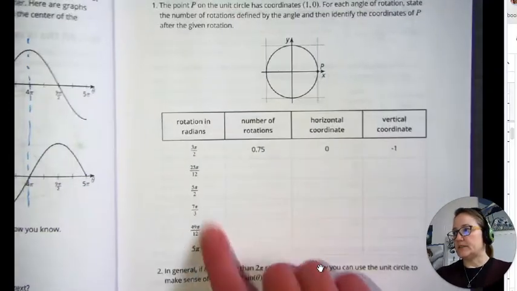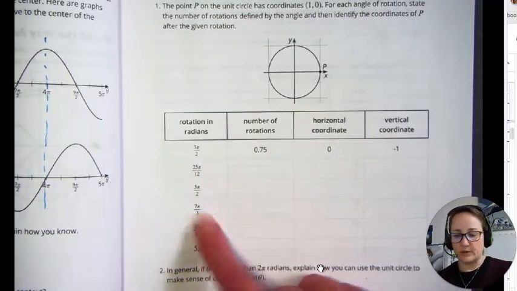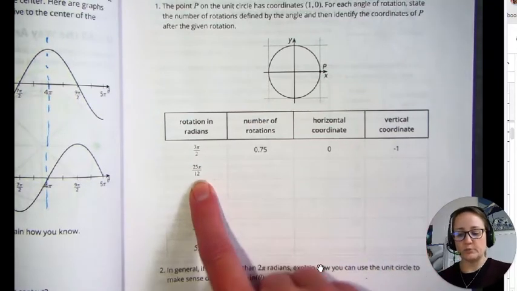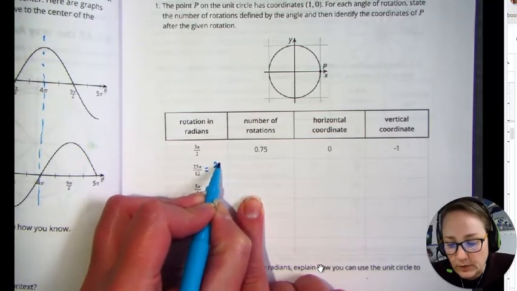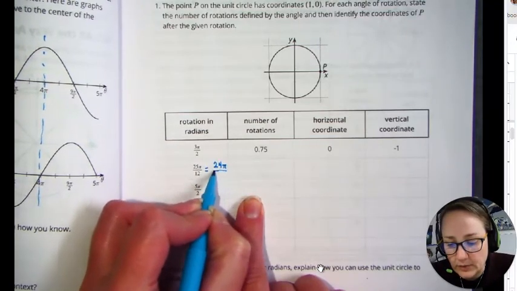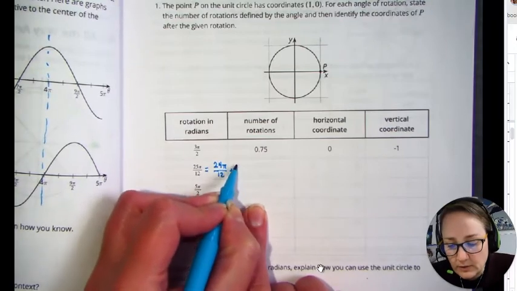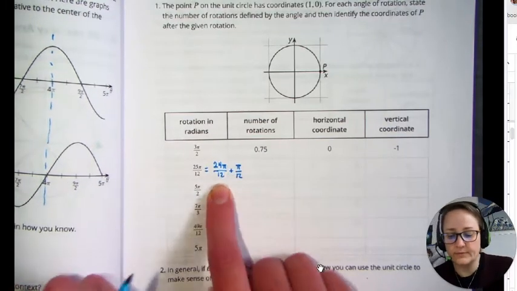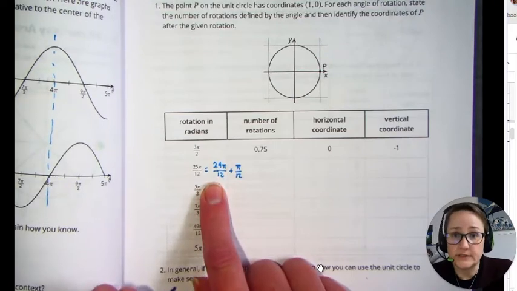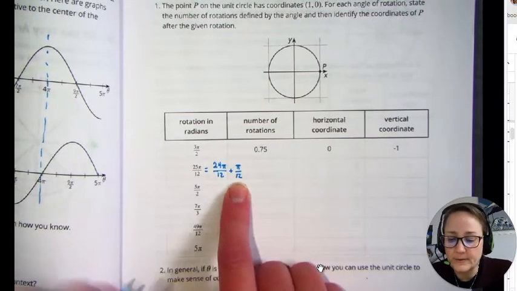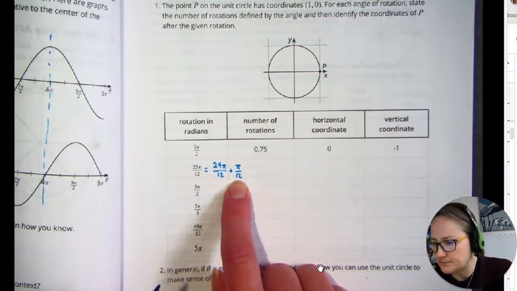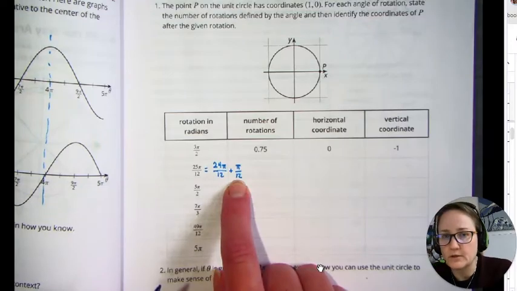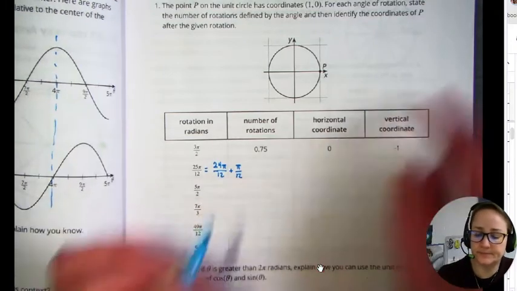So this one is just giving us even some more practice, where we look at how many rotations we're looking at. If we're more than 2 pi, like this one is more than 2 pi, we can think about that like 24 pi over 12, plus another 1 pi over 12. 24 pi over 12 is 2 pi, so that's 1 full rotation, and then another pi over 12, another 24th of a rotation.